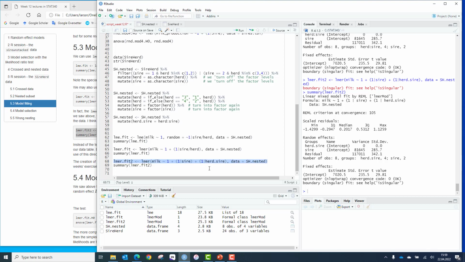And why is that? Because sometimes we want to fit a random effect here, which is nested inside a fixed effect here. What if sire was a fixed effect in the model? Then this way of coding it will not work, because then it will be also fitted as a random effect, right?